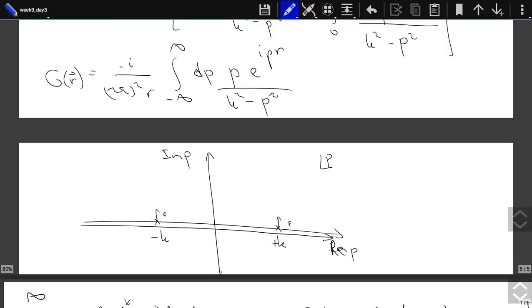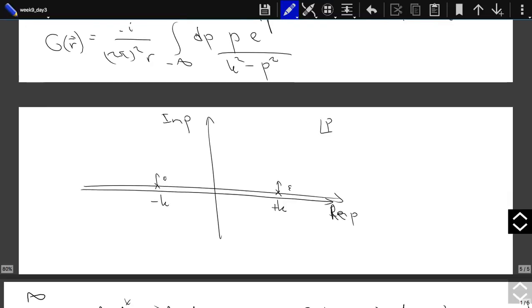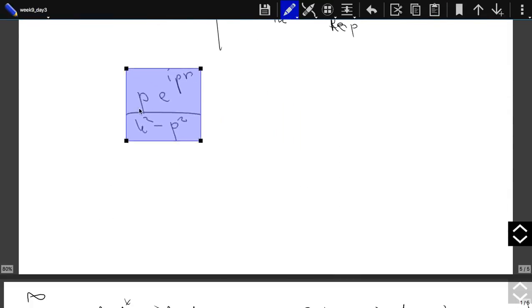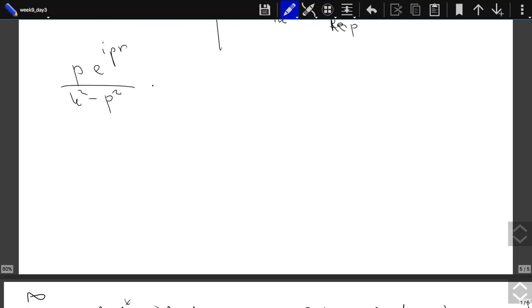So how can we determine that? Let's see. This is our integrand. And P, I can just say that P is equal to, let's say, x plus iy on this circle at infinity. x squared plus y squared will be my circle at infinity.